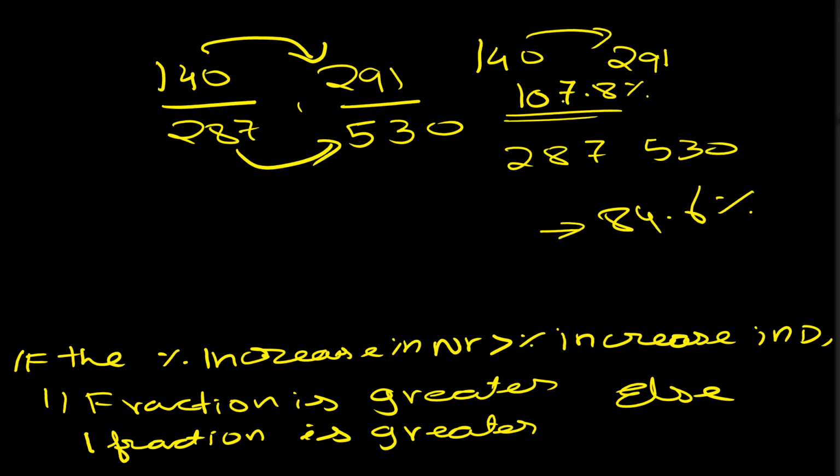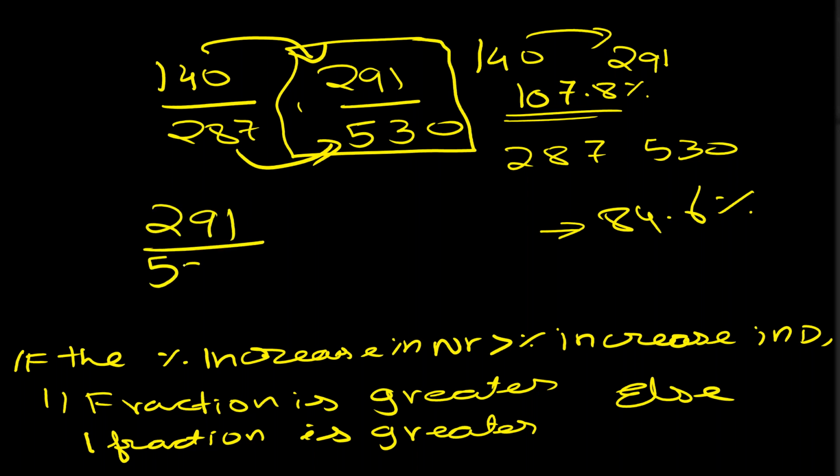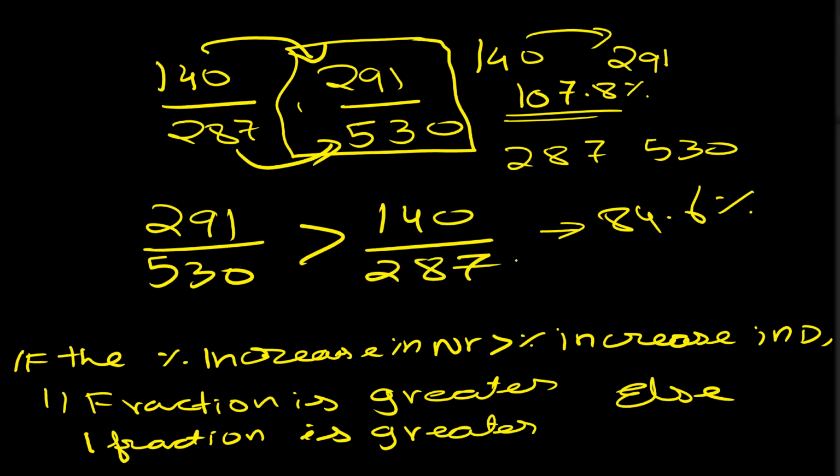The percentage increase in the numerator is greater than in the denominator. So the second fraction is the greatest. So this is going to be my greatest one, which is 291 by 530 is greater than 140 by 287.